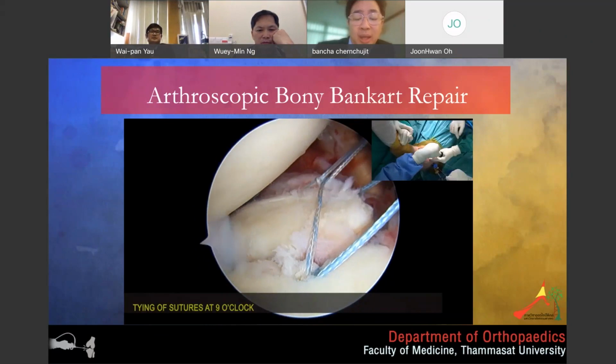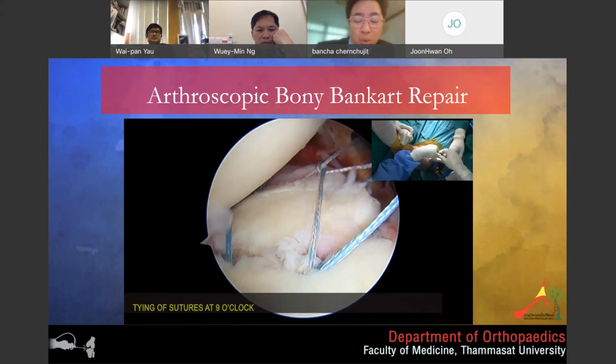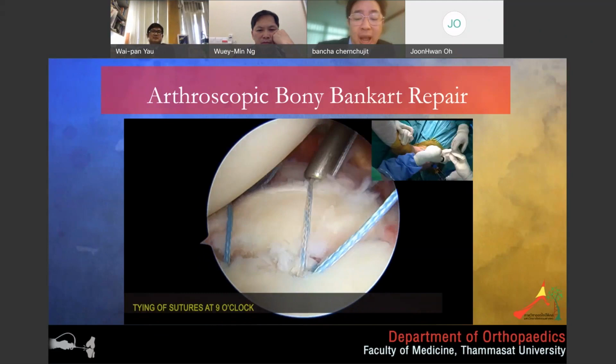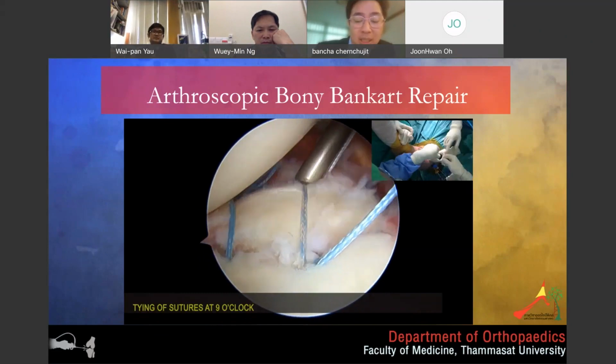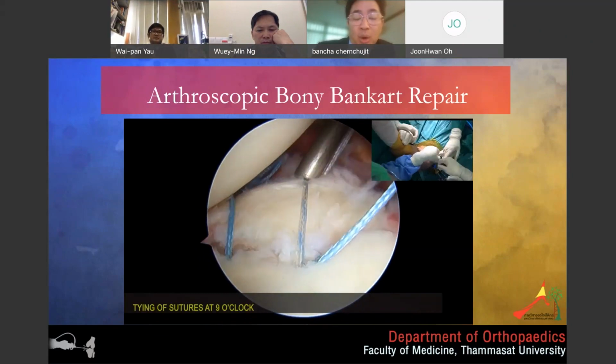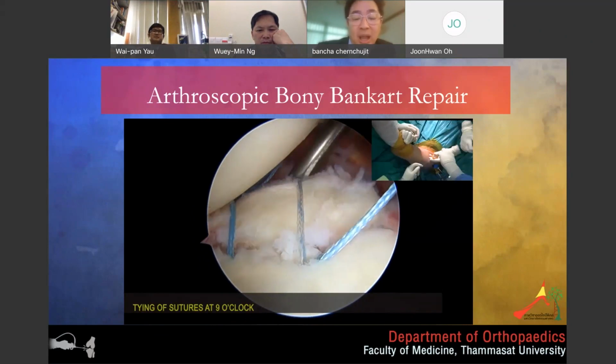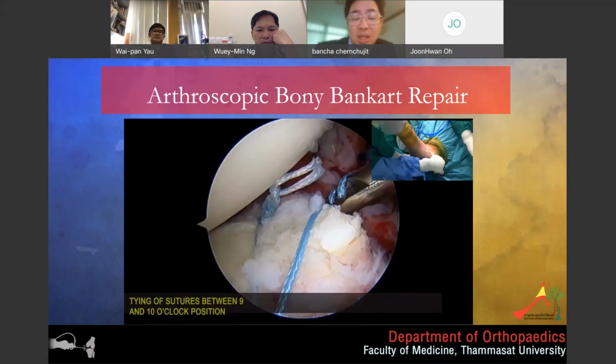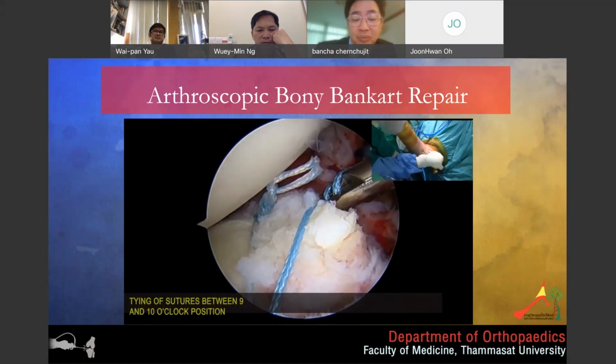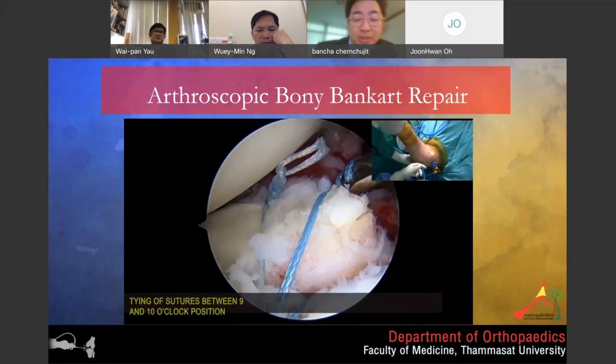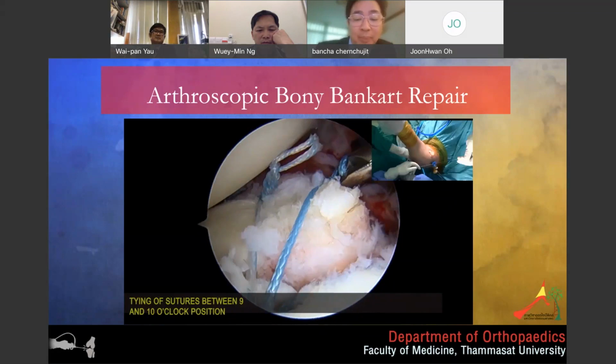But don't worry. I don't like double row because it's too complicated. I use this single row and make a big bite. Don't worry that it will overhang, because the head will mold this fragment flat. I never have a problem with overhanging, because after you release the traction, the head will mold this fragment nicely.